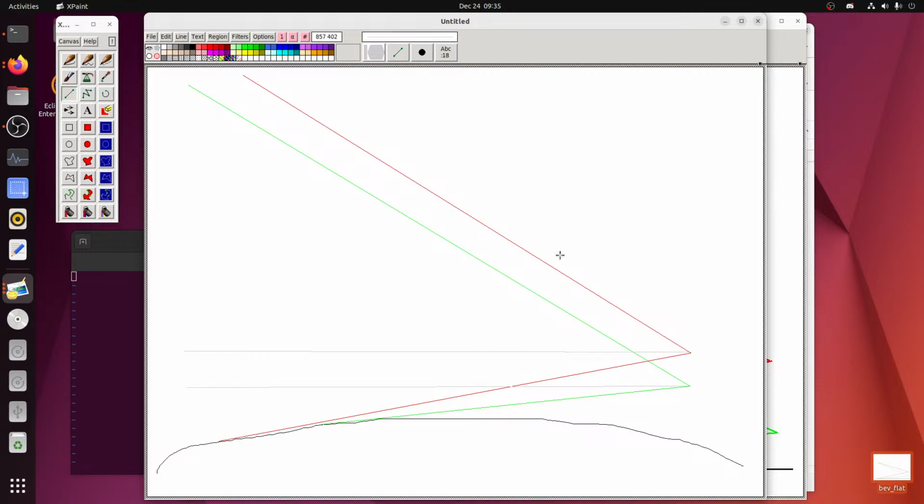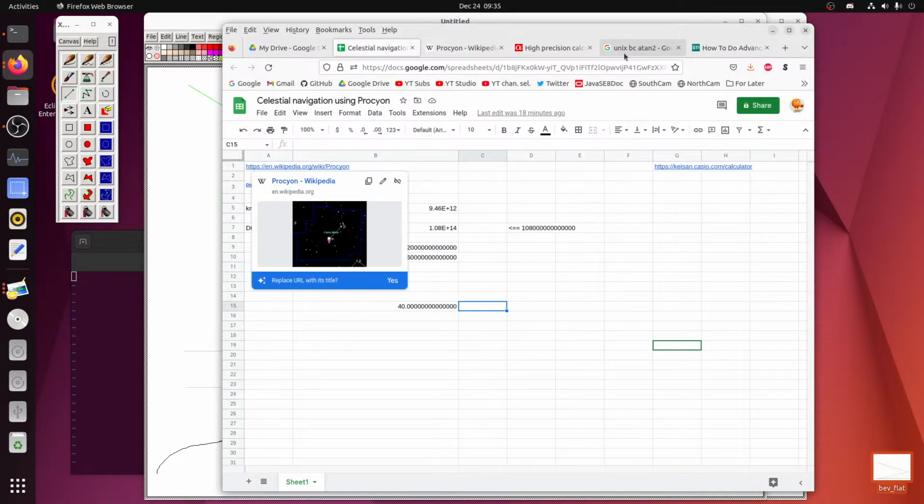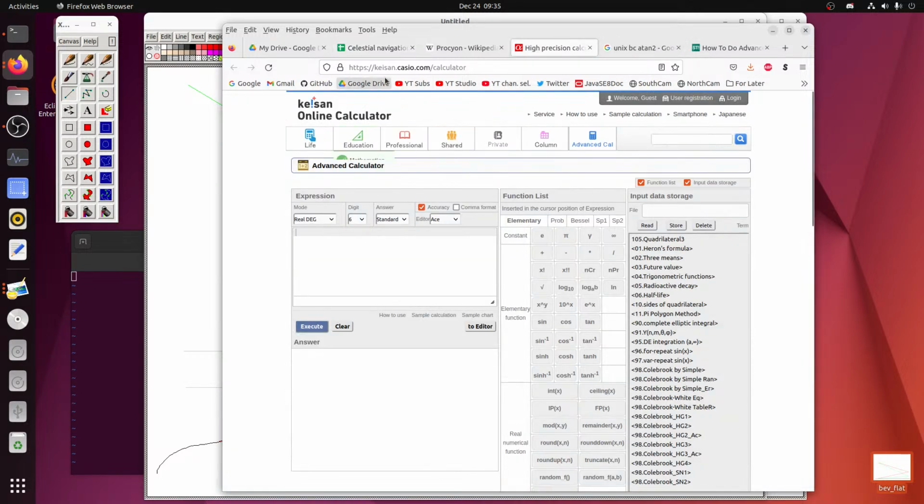There are online applications out there, I did a little bit of research already, that let you do that. In particular, I found this high precision calculator, so I thought I would just go through the math.